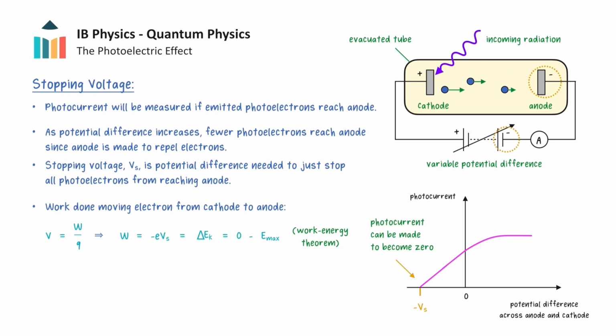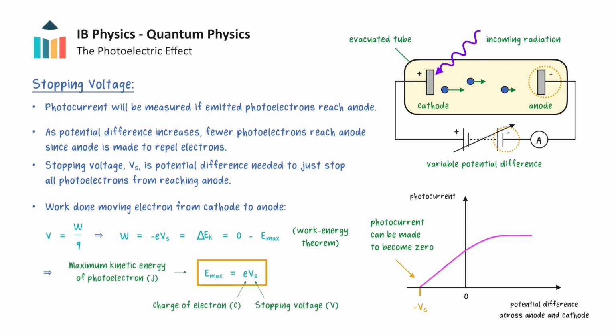Therefore, the maximum kinetic energy of photoelectrons can be determined from the charge of an electron multiplied by the stopping voltage. We can now note that increasing the intensity of incident radiation while keeping frequency constant increases the photocurrent since the number of photoelectrons emitted is increased, but the stopping potential remains the same as it is independent of intensity.